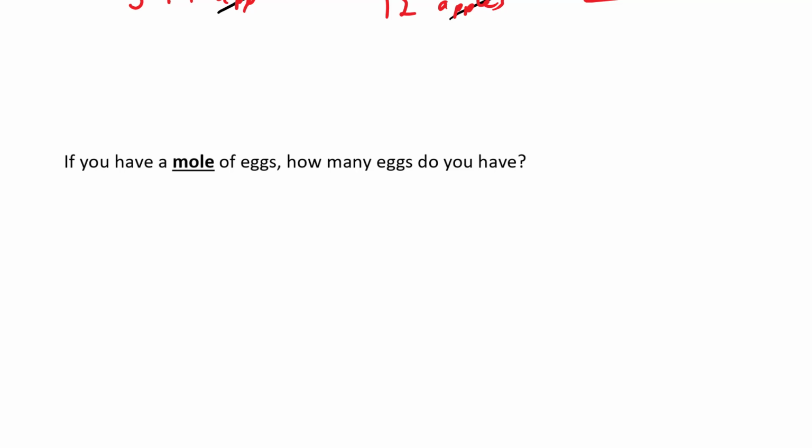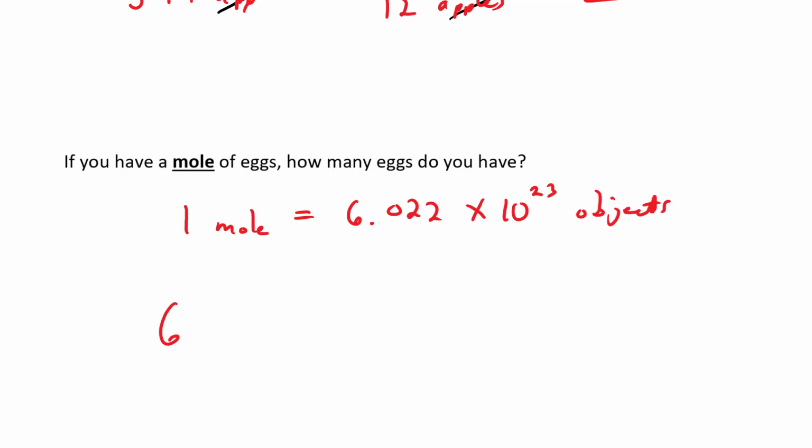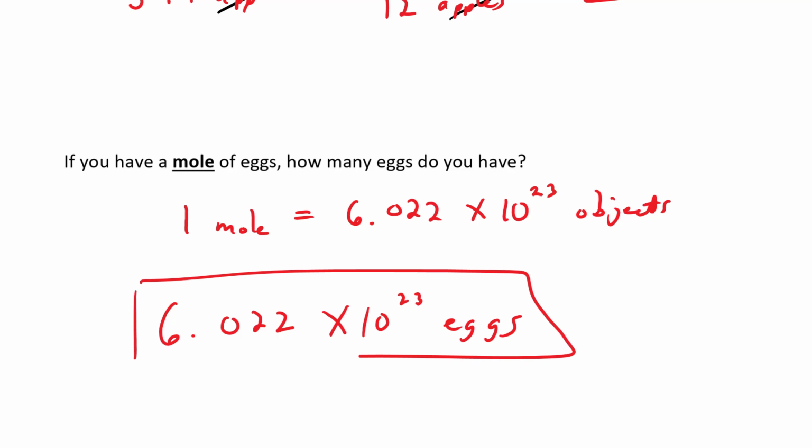Well, mole is similar to dozen. 1 mole just represents 6.022 times 10 to the 23 objects. So, if I have a mole of eggs, how many eggs do I have? Well, I have 6.022 times 10 to the 23 eggs. Please commit that number to memory. 6.022 times 10 to the 23.